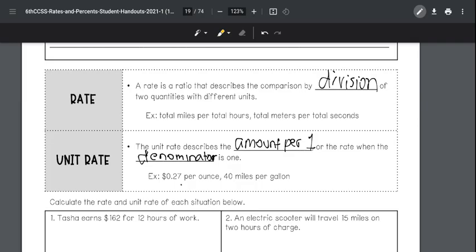Okay, that would be like 27 cents for 1 ounce, 40 miles for 1 gallon. Okay, so we're just going to turn that into a fraction where our bottom is our unit, which is 1 of whatever we're talking about. Gallons, ounces, okay, minutes, whatever.